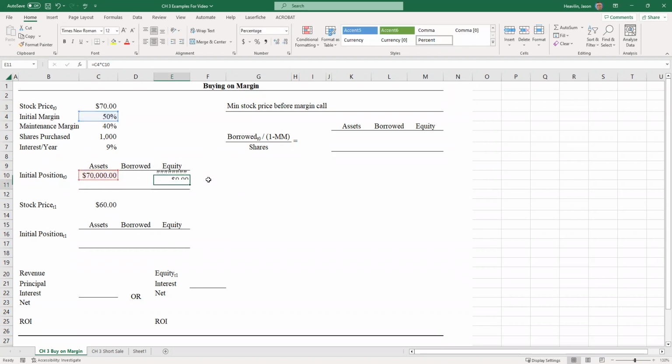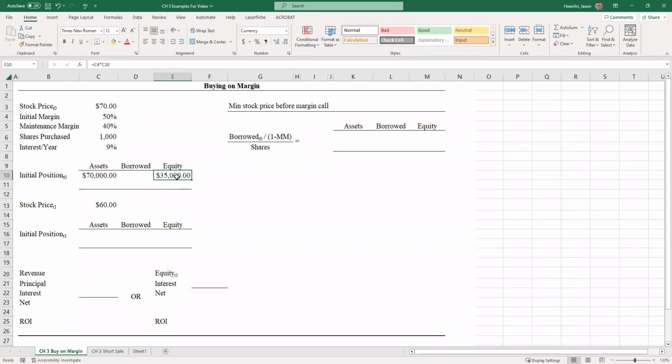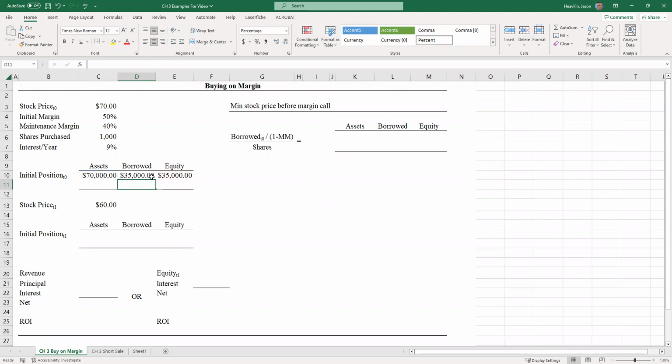So from that $70,000, you need to have 35,000 in cash or other stock or other marketable securities, etc. So that means you can borrow the rest. So we take the assets minus the equity that you're going to bring in, and that's your borrowed amount. In this case, 50-50, because you put in 50%, you borrow the 50%.